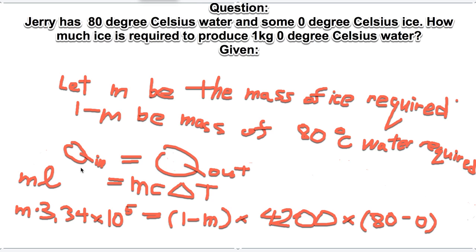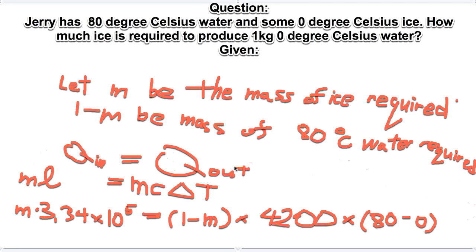So after we have Q in equals Q out, we can plug in the equations for latent heat and specific heat capacity as mL equals mc delta T.